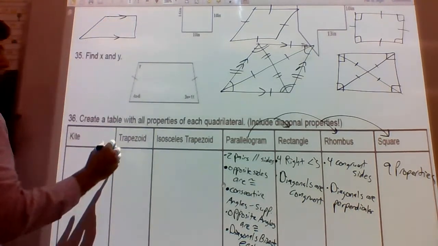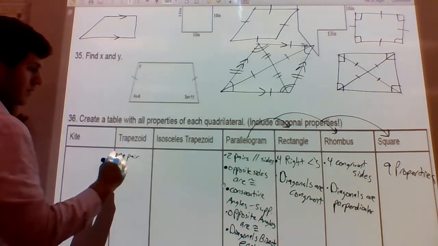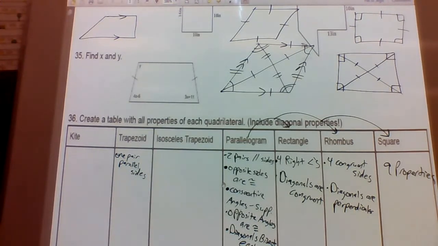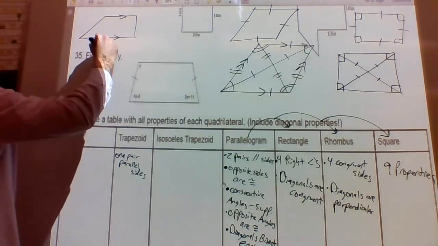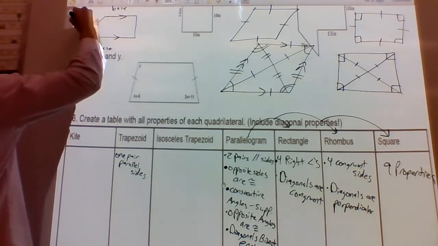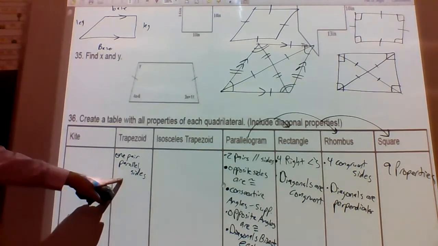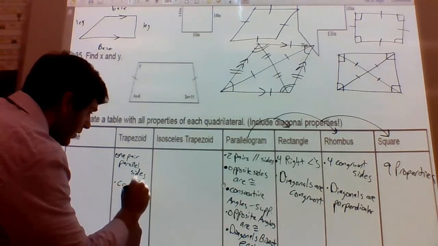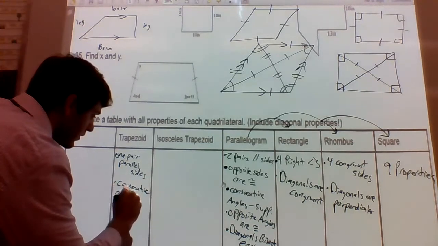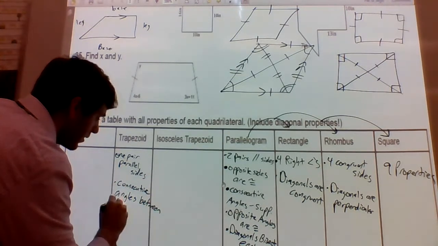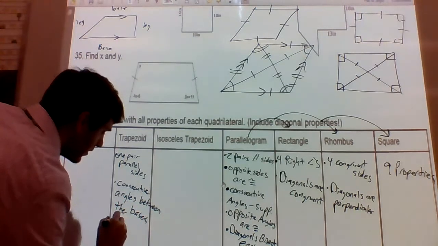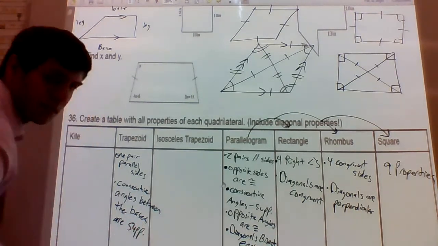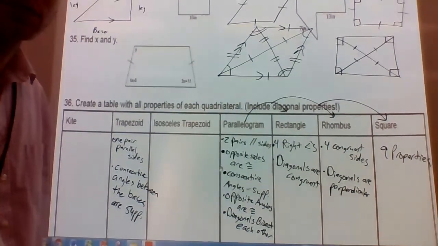Trapezoids are defined as having 1 pair of parallel sides. Consecutive angles between the bases are supplementary.